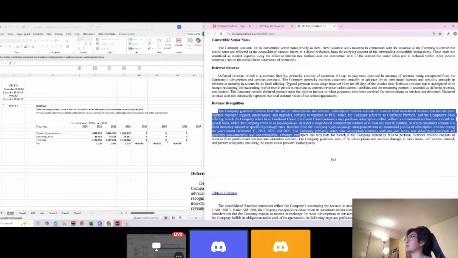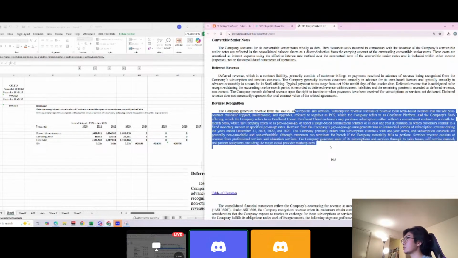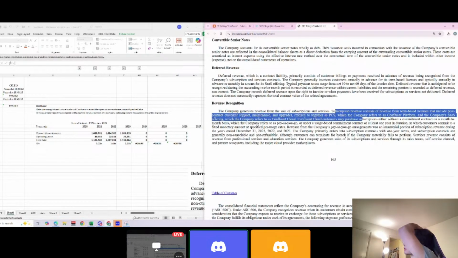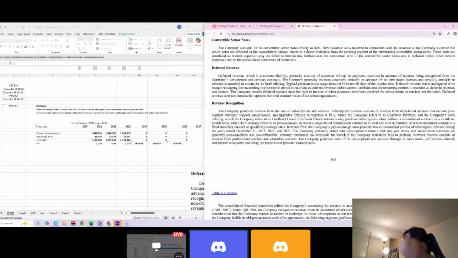Generates revenue from the sale of subscription and services. Subscription revenue consists of revenue from term-based licenses that includes post-contract support, maintenance, and upgrades, referred together as PCS, which the company refers to as the Confluent Platform, and the company's SaaS offering, which the company refers to as Confluent Cloud.